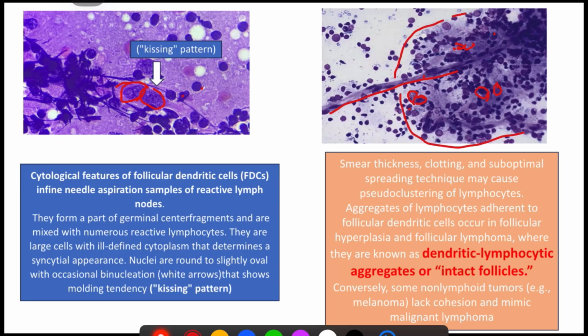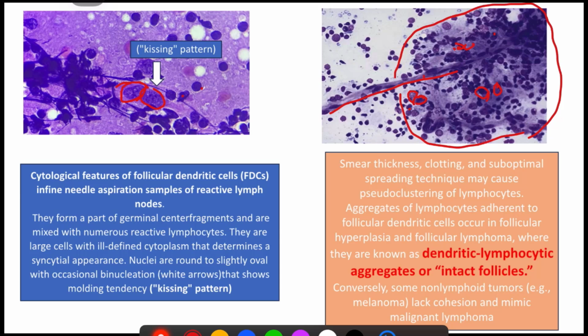So, one important question is why, when you aspirate any lesion, any carcinoma, you find cells in clusters, sheets or groups, but when you aspirate a lymph node, most of the cells are singly scattered.